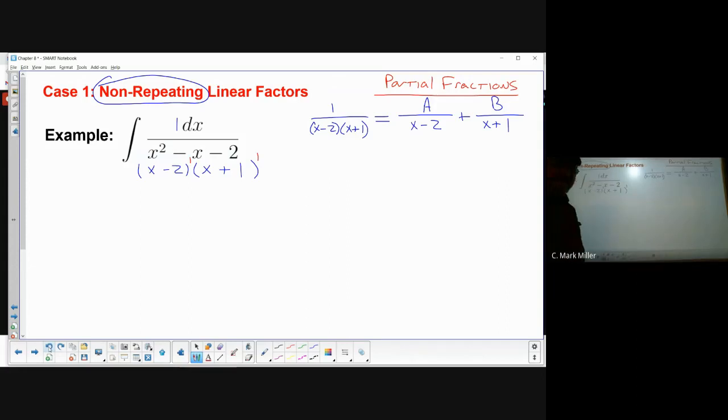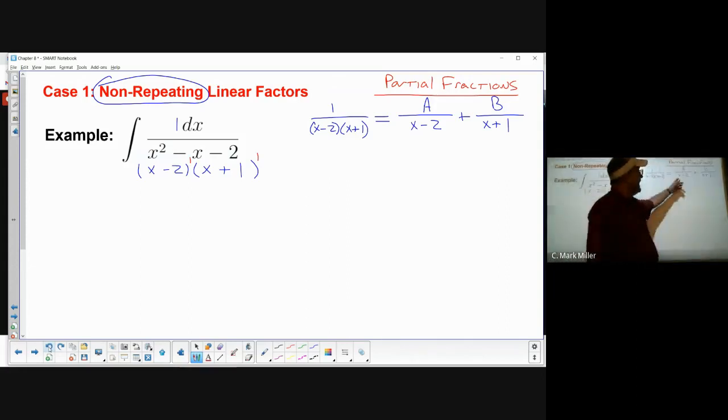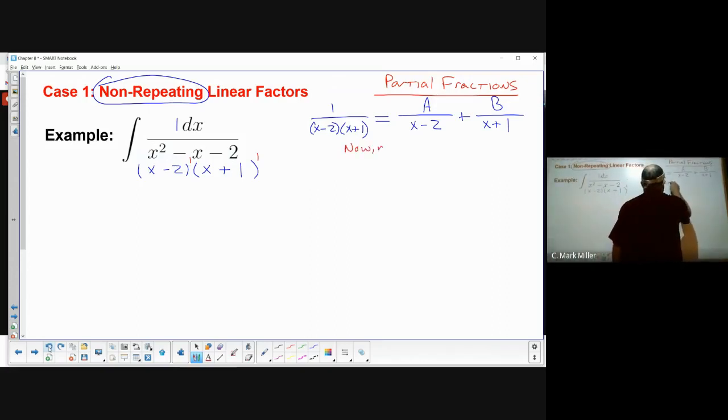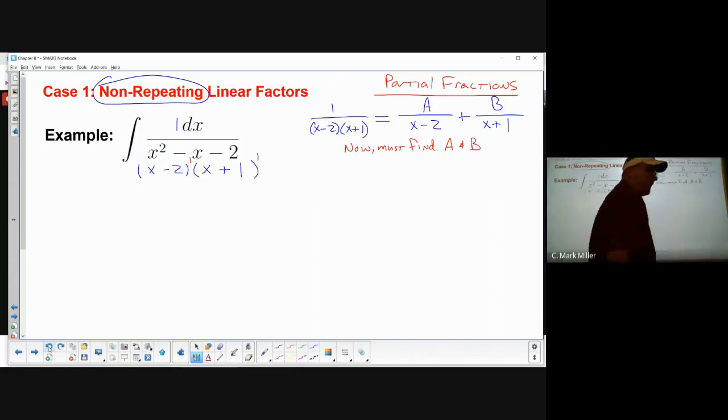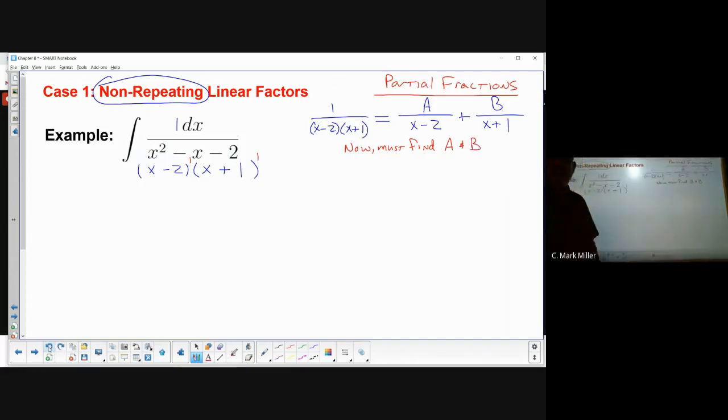How do we find A and B? That's what we need to find, A and B. And when I find A and B, I'm done with the partial fractions part. Well, let's see.